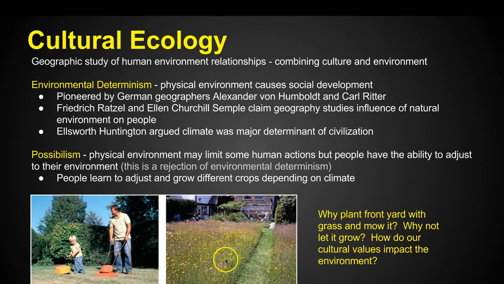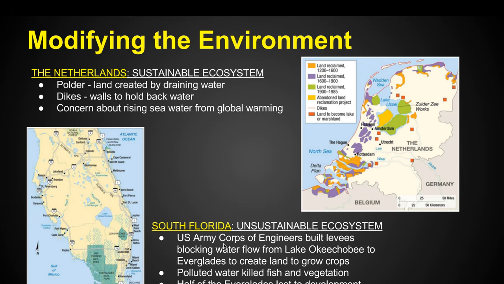But it looks good, right? Well, what about here? What if it's totally natural and it still looks kind of lush, but it's just different from what our culture expects? These are interesting things when we discuss human geography, specifically cultural ecology. When we modify our environment, we change it.